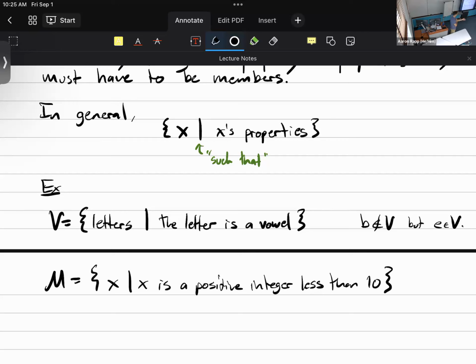So if I listed them out in roster method, the numbers 1 through 10, right? Integers 1 through 10. But yeah, X is just all elements that are positive integers. 1, 2, 3, 4, 5, 8. And I guess technically none, because I didn't do less than or equal. I said less than 10.